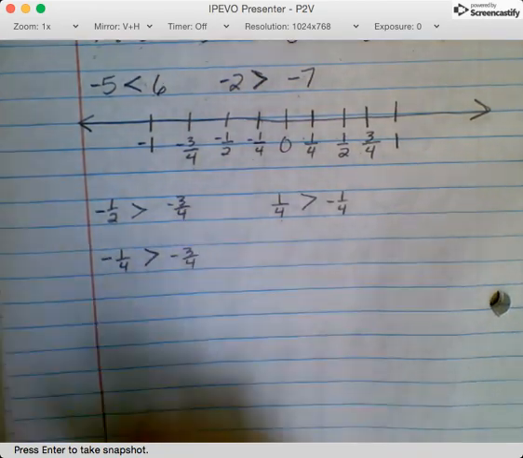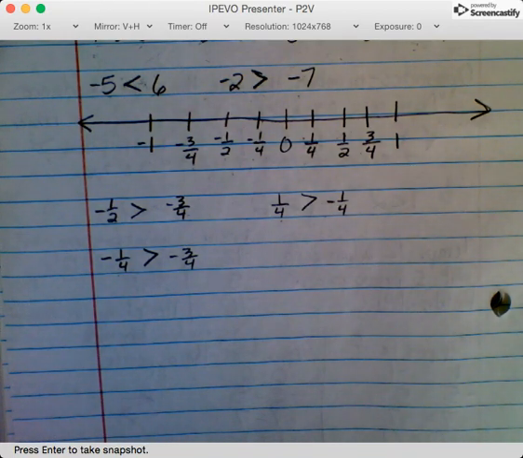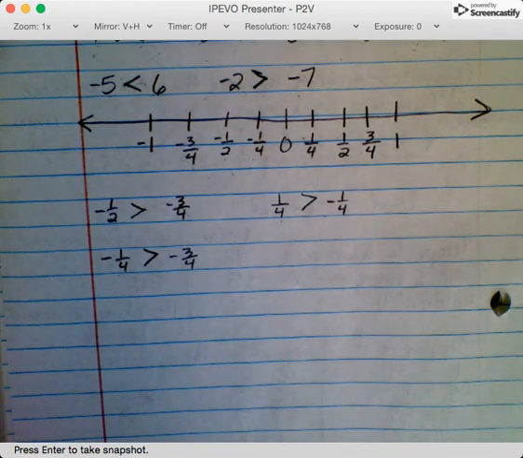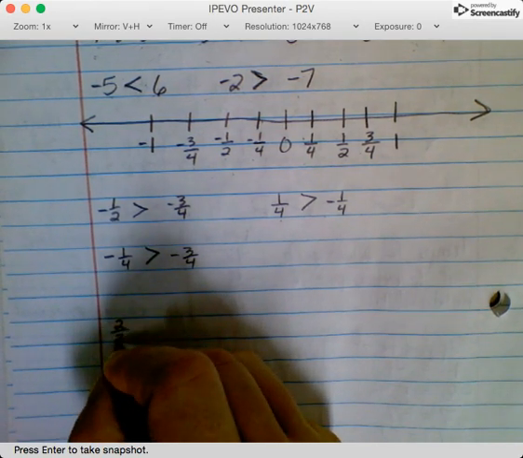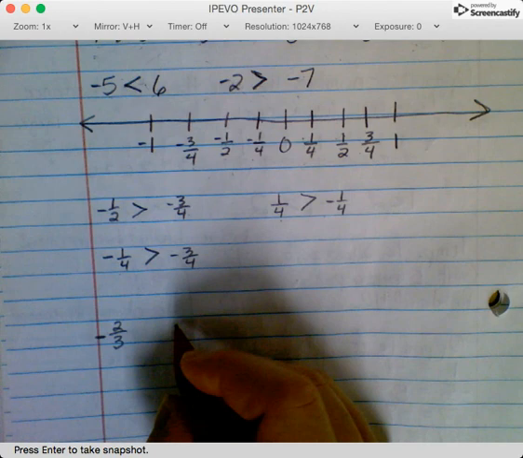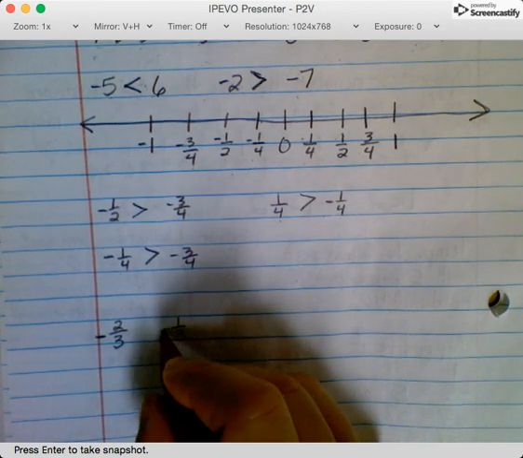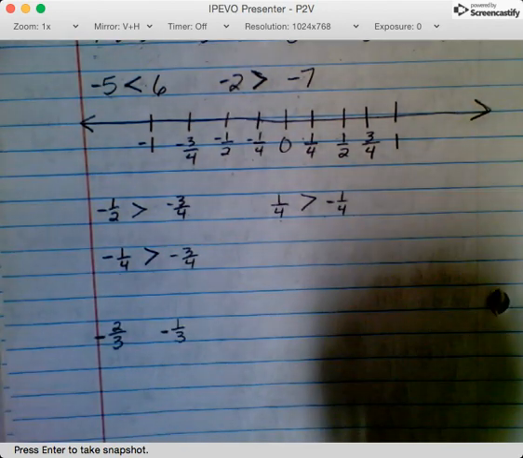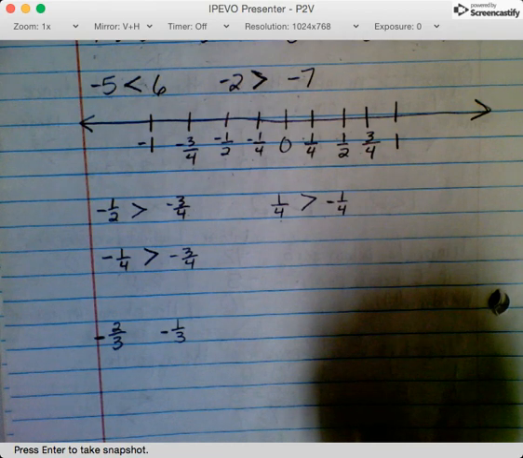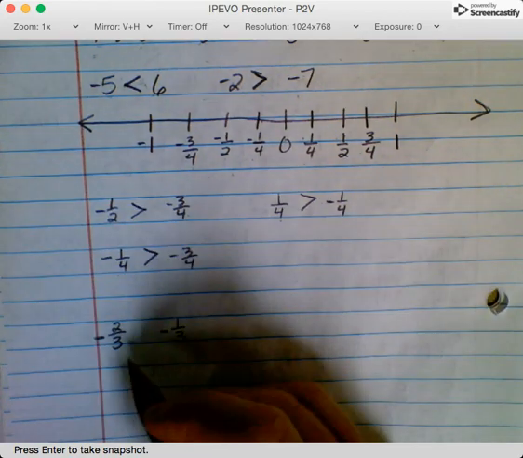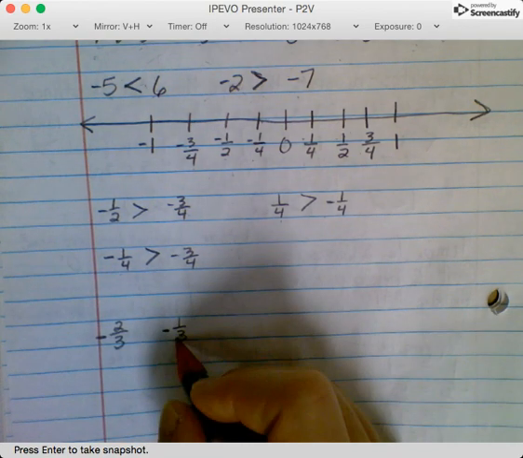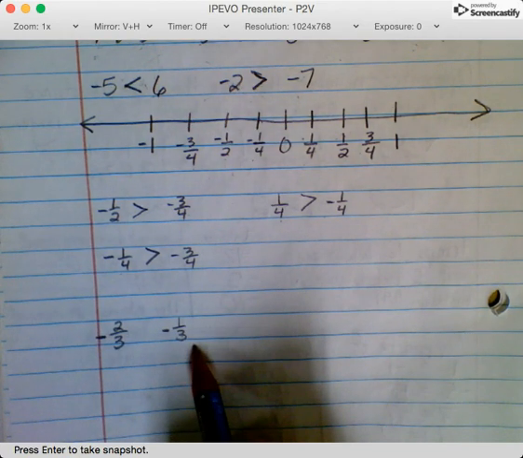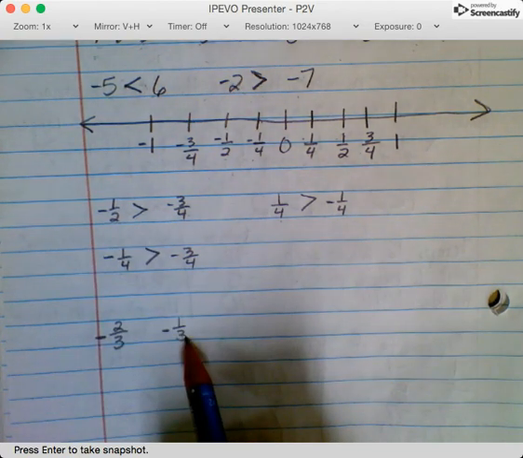So now let's think about how I would do this if I didn't have a number line. So for instance, if I had -2/3 and -1/3. I'm going to use just kind of the raw form with the same denominator. If you get some that have different denominators, just remember that you have to compare with the same bottom number.